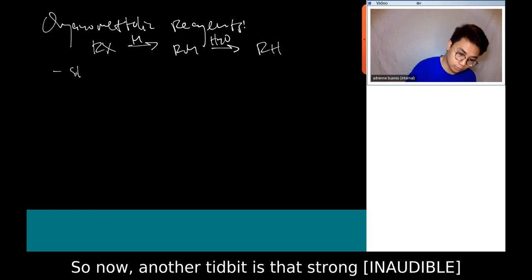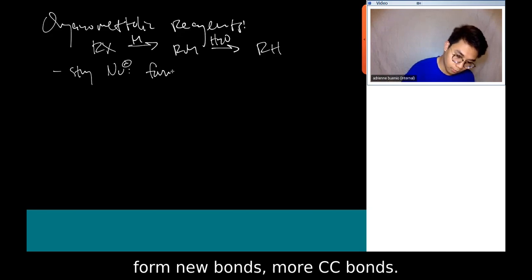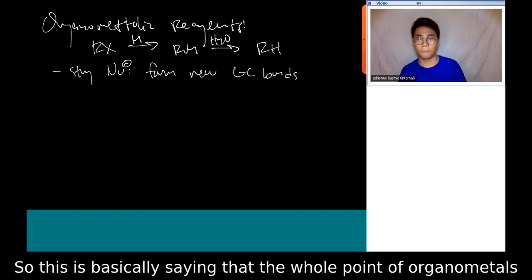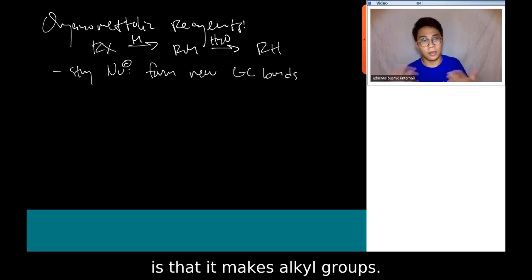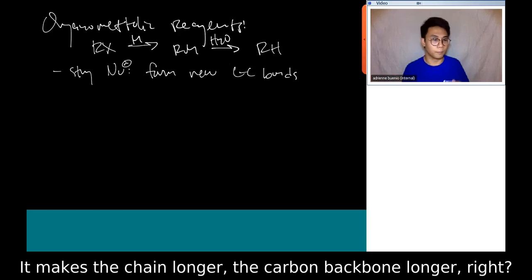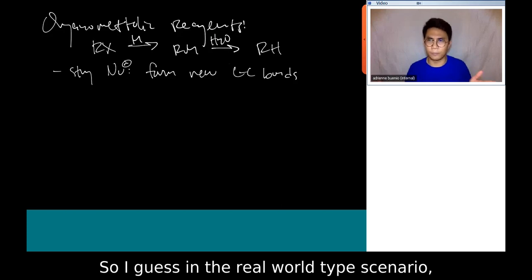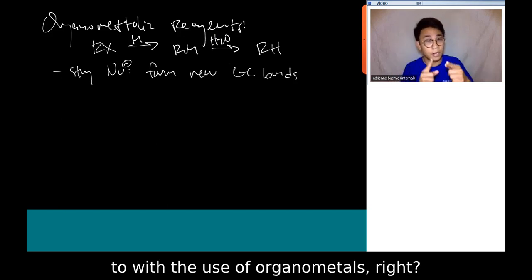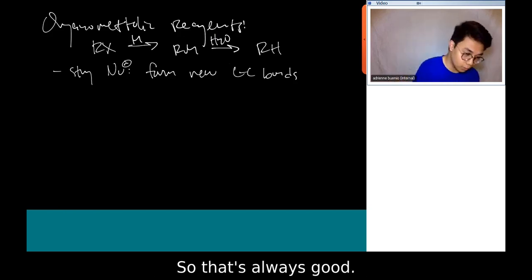Another tidbit is that strong nucleophiles form new bonds, more C-C bonds. The whole point of organometals is that it makes the carbon backbone longer, so you can keep adding alkyl groups with organometals.